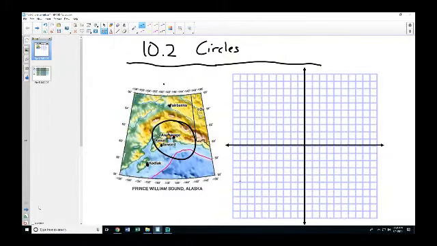Okay, so for this one that I had illustrated before, Seward would have its own circle, Kodiak would have its own circle, and then Fairbanks would also have its own, and those three circles would intersect where the earthquake is centered.